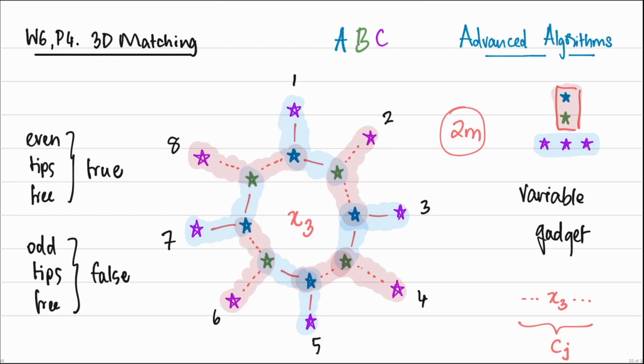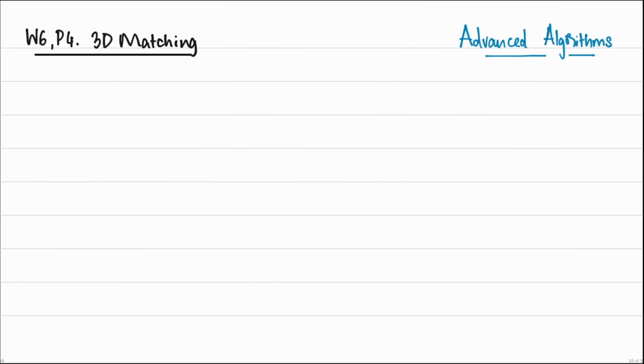So we're almost done. The only issue is that if you count the total number of tips that we have, the tips or the spokes, as I've called them once in a while, how many of these do we have? We have 2m of them, one for each variable gadget. So we have 2mn of them. And the variable gadgets will cover half of them. So that is mn of them gone.